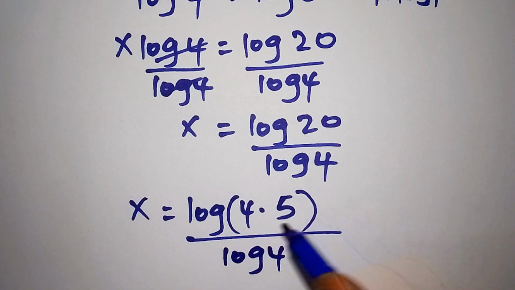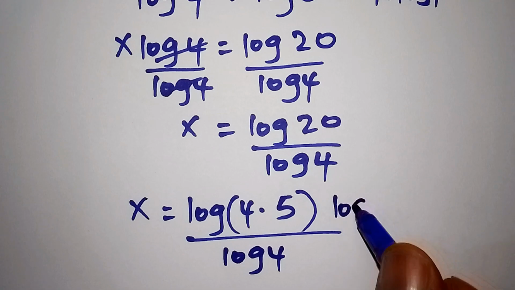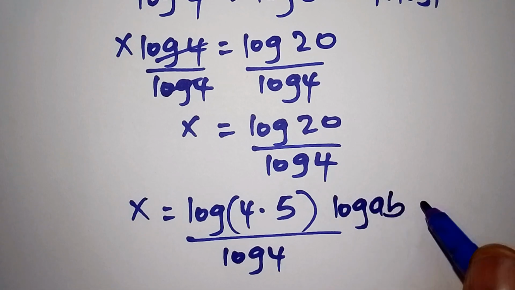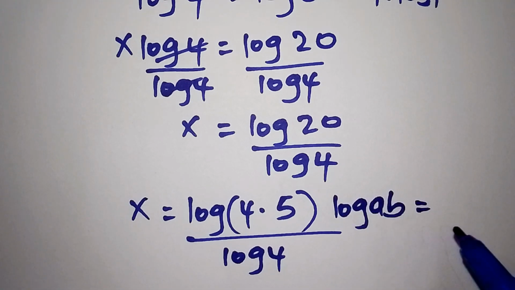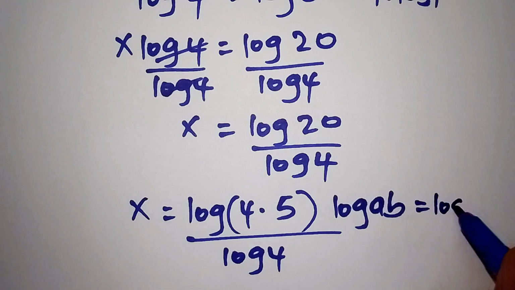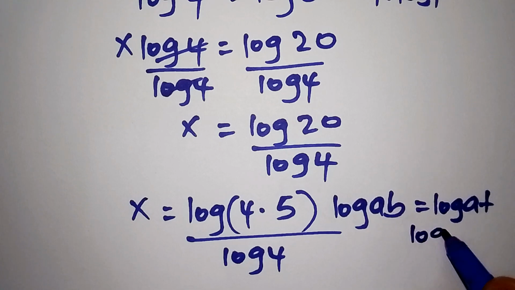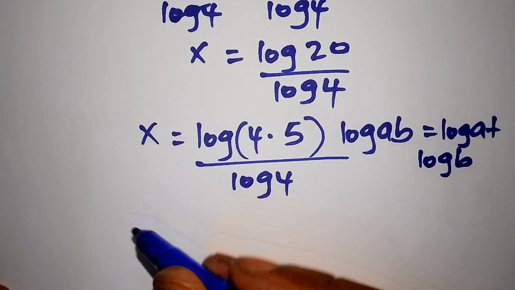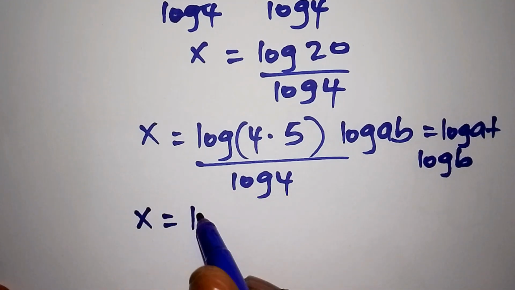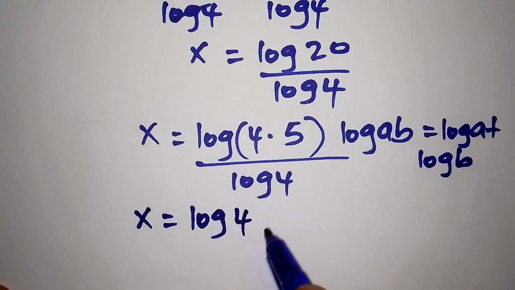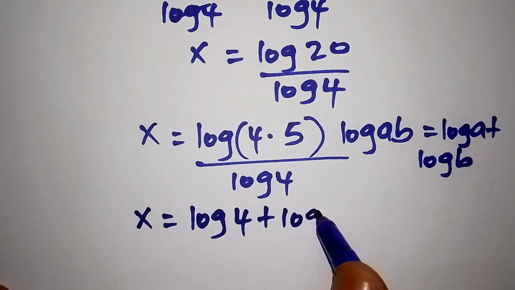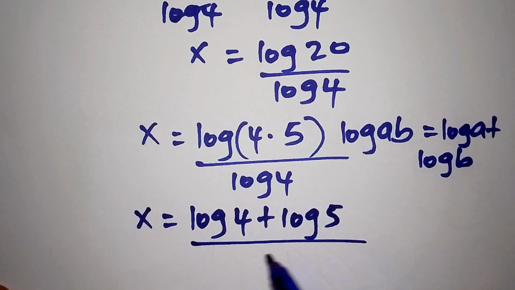So according to the law of logarithm, when you have the log of a multiplied by b, this one shall be the log of a plus the log of b. So therefore, we shall say that the value for x is equals to the log of 4 plus the log of 5, all over the log of 4.